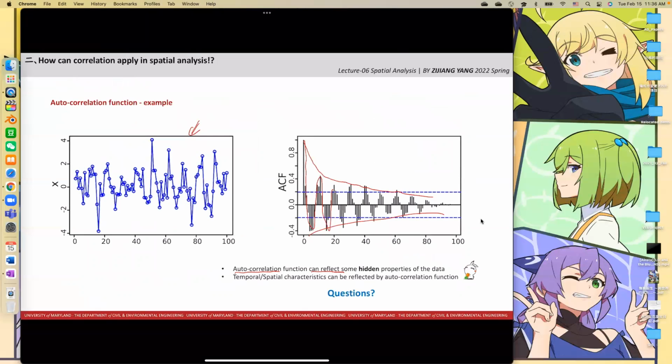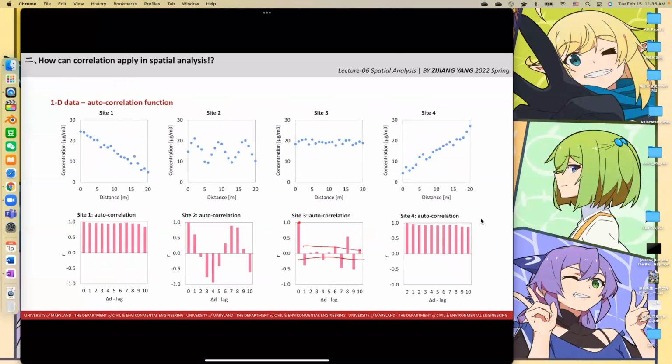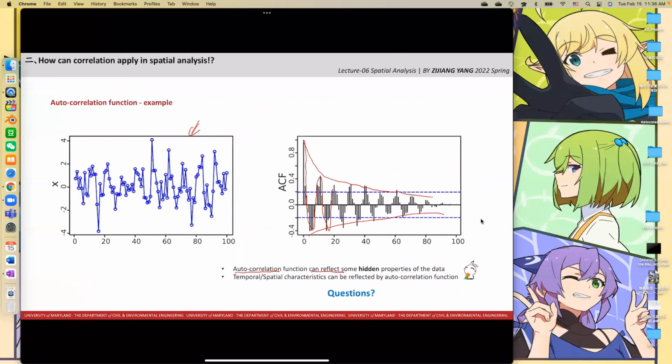And again, for this one, we can see from this plot that this is a combination of them. We have the oscillation, we have the large correlation, we have the small correlation, and it also has the oscillation. It also has a large correlation, but the large correlation is gradually decreasing.